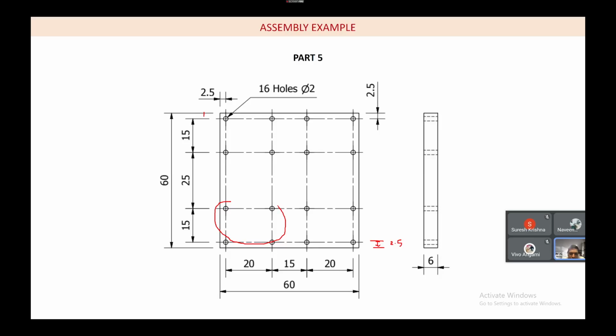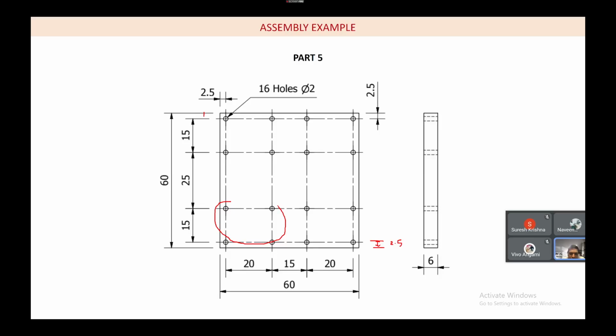Pattern, select this hole. So direction 1 along this side, 20 spacing, and direction 2 top 15. Flip the direction. Is it so? Yes, 15 20. I give OK. So 4 holes I have now got.